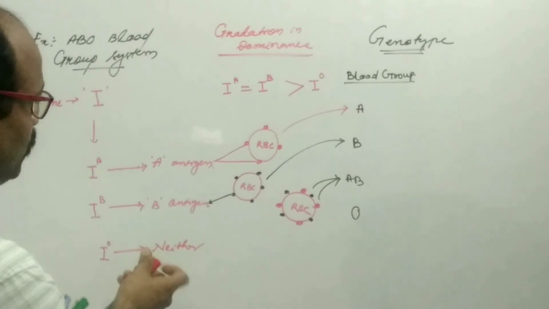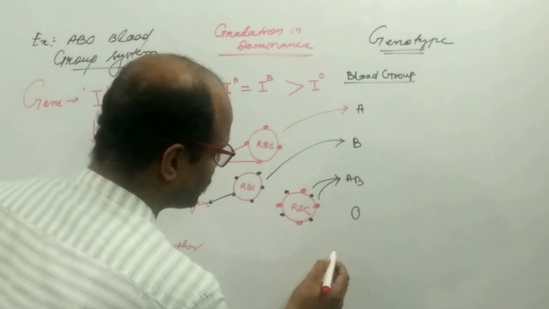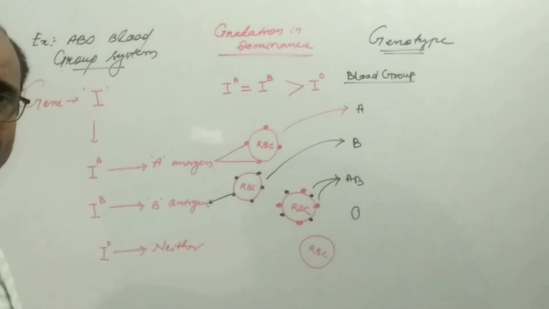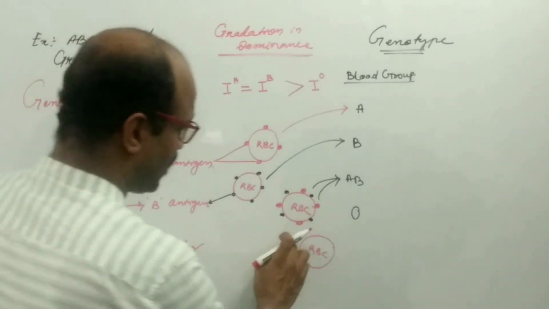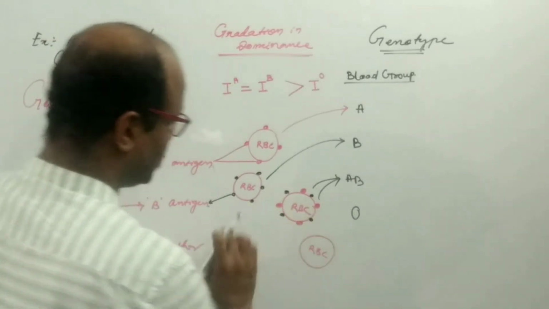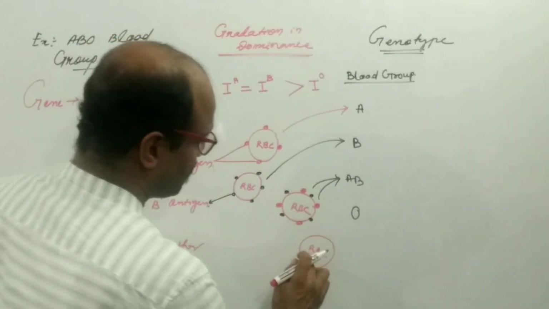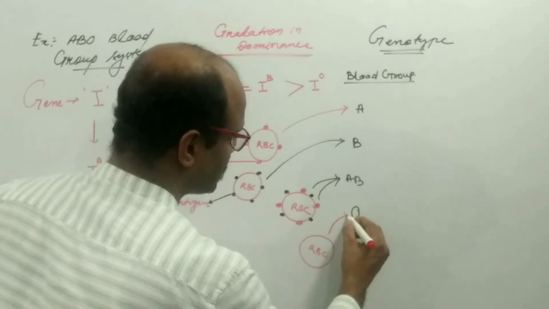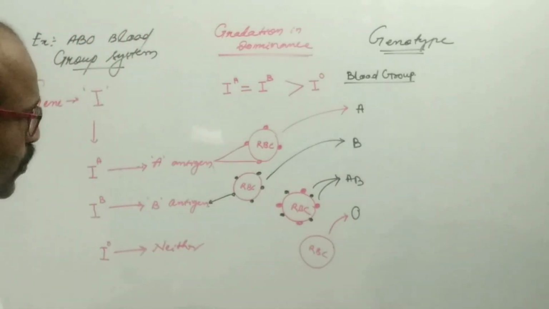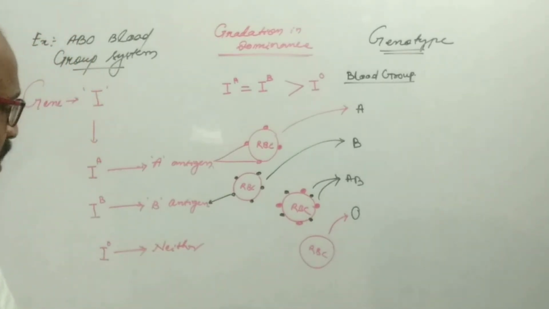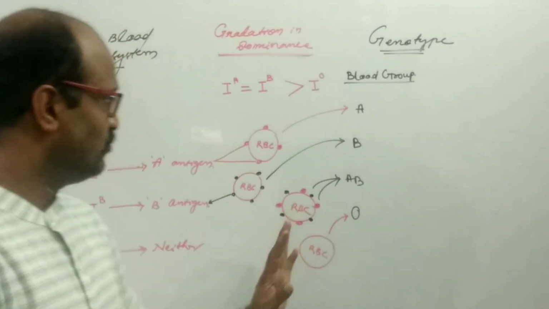If there is no antigen on the surface of RBC, the RBC surface is smooth. Now this blood group is known as the O type, meaning zero antigen, which is known as the O blood group.